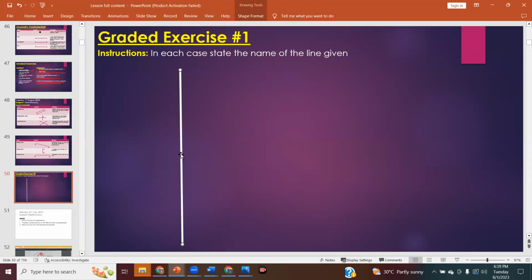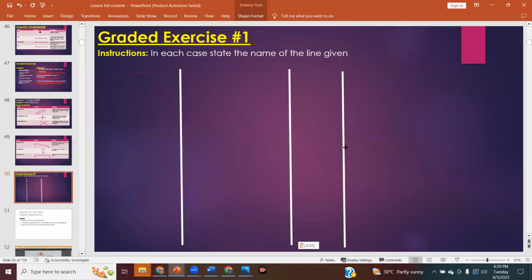We just defined the line yesterday. We didn't do types of lines yesterday.